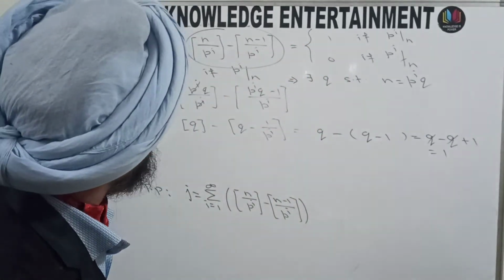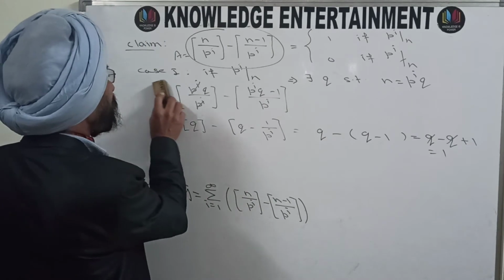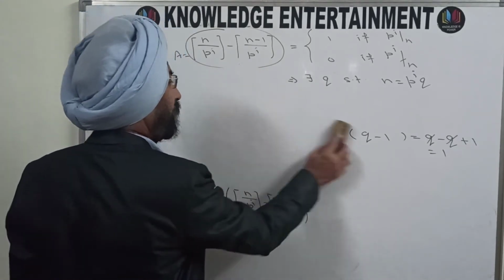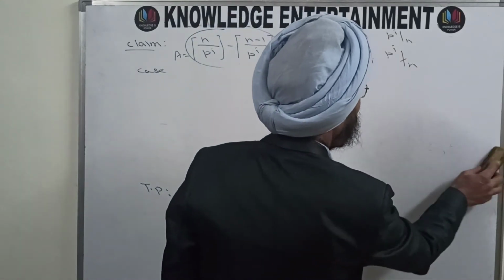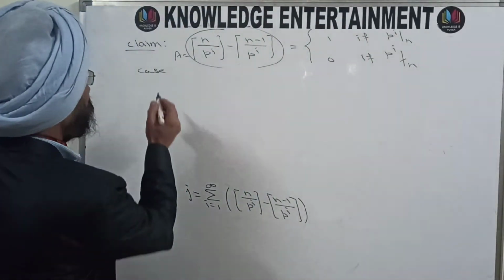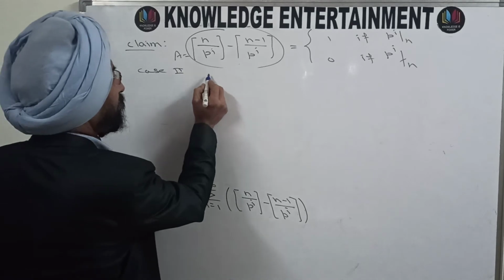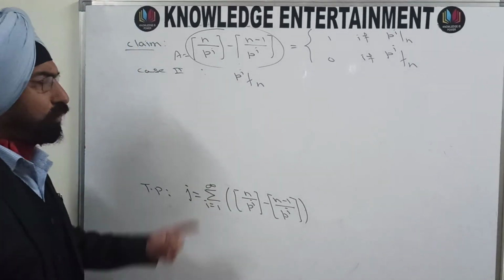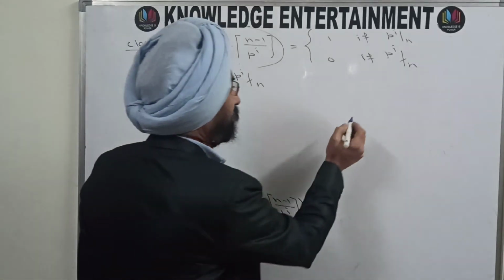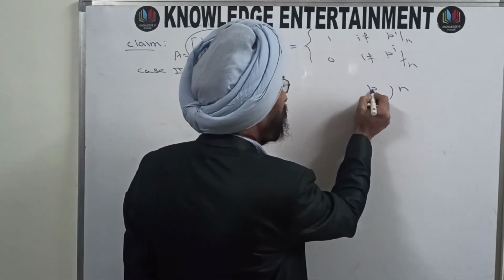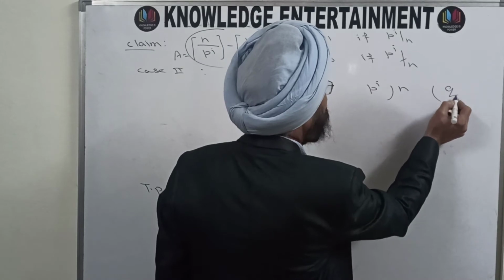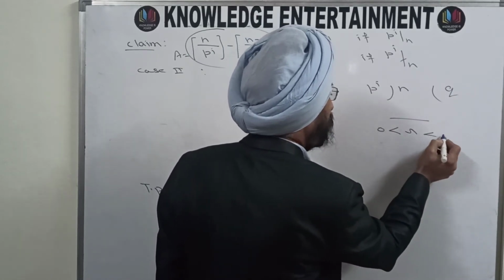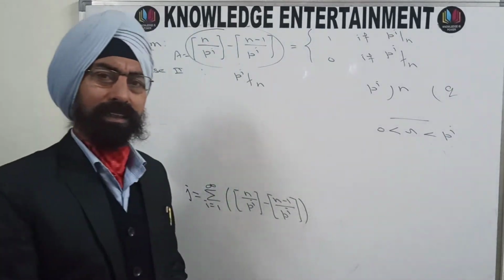Now move on to the second case, when p^i does not divide n. So case 2 means p^i does not divide n. If p^i does not divide n, dividing n by p^i we will have some quotient q and definitely some remainder, which will be strictly greater than 0 and less than p raised to the power i.